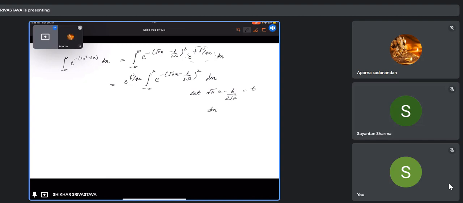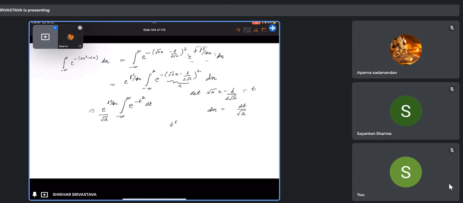So your dx will be dt upon root a. So your equation will become exponential b square upon 4a, and the integral from minus infinity to plus infinity of exponential minus t square, with dx being dt upon root a, which I'm taking outside.